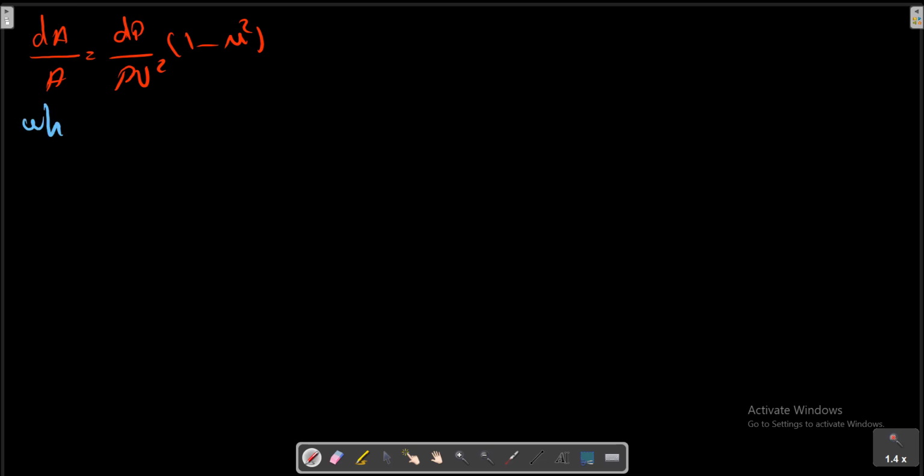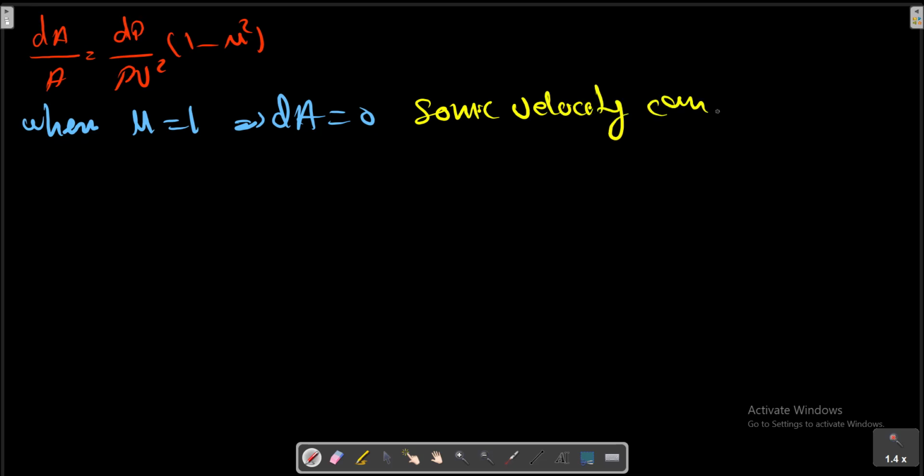When M equals 1, dA equals 0, which means that sonic velocity can be achieved only at the throat of a nozzle or diffuser.